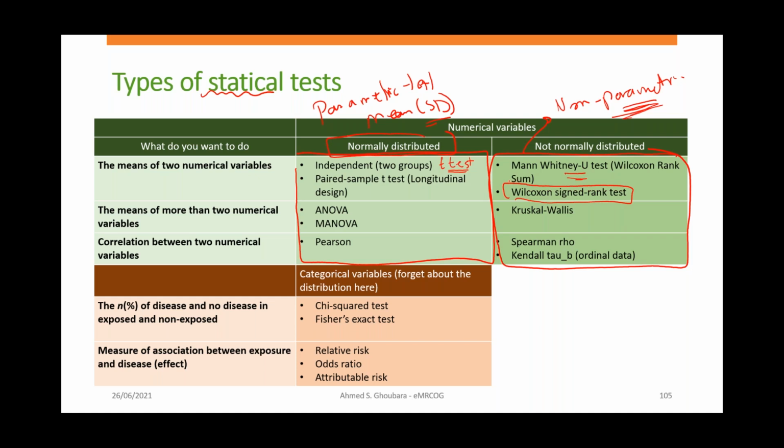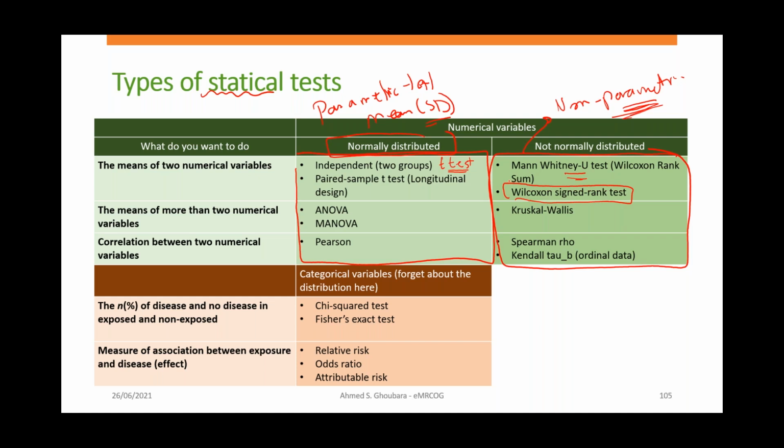Okay, step by step. Suppose that this time I have so many groups. I have this class, the previous class, and the class before the previous class. I need to compare the mean weight of females in this class, the previous class, and the one before.